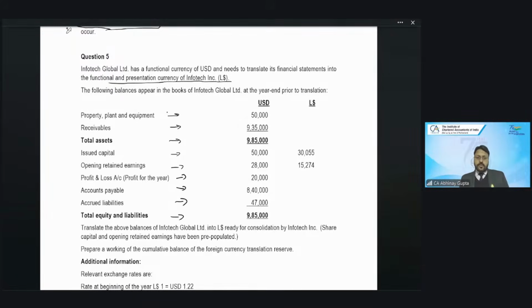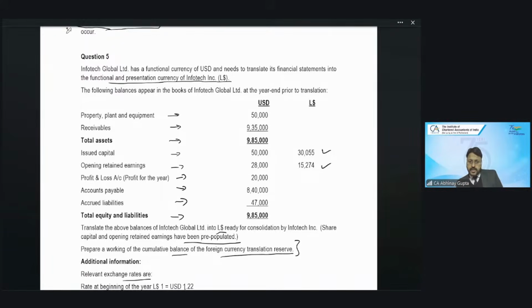Translate the above balances of Infotech Global Limited into L dollars ready for the consolidation by Infotech Inc. Share capital and opening retained earnings have been pre-populated, right? So share capital and the opening retained earnings are already given. Prepare a working of the cumulative balance of the foreign currency translation reserve as well, right? So you need to give a breakup of the FCTR, whatever it is after the translation is done.